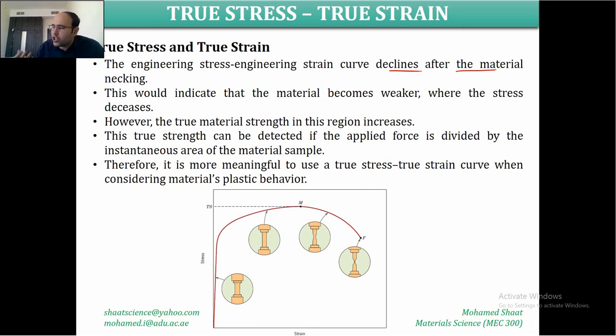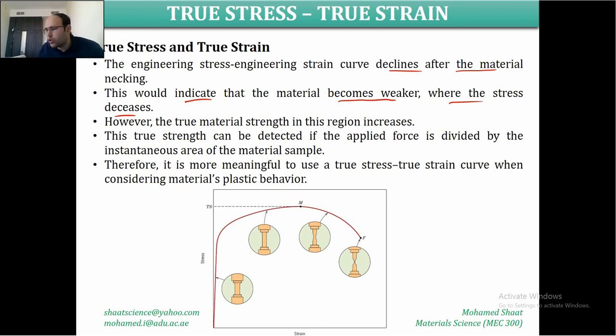Why? Because the engineering stress depends on the original area of the material. This would indicate that the material becomes weaker, where the stress decreases beyond the necking point. The stress has decreased, indicating that the material became weaker. But this is not necessarily the condition for all materials.